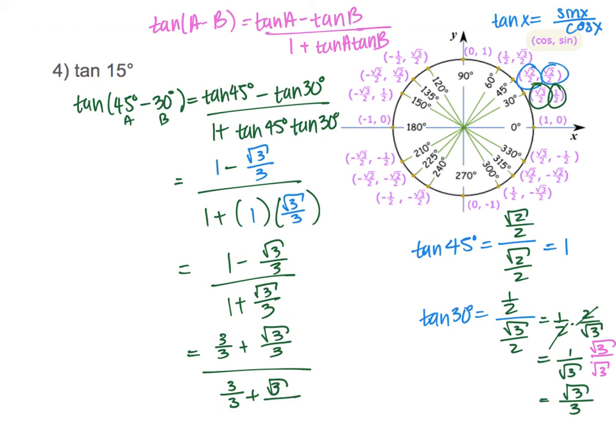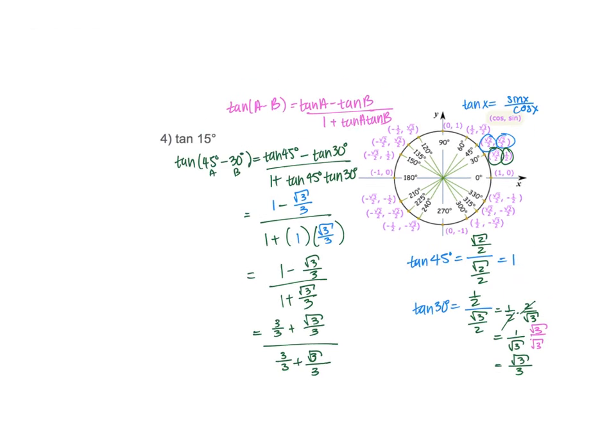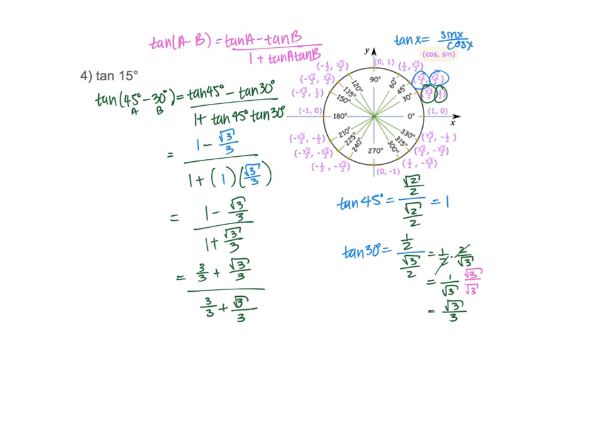I just make the numerator and denominator the same, because anything over itself is just 1. So that's how I can switch things very quickly. Focusing on the top part here, that's the 3 plus the square root of 3 over 3. And then the bottom would be 3.